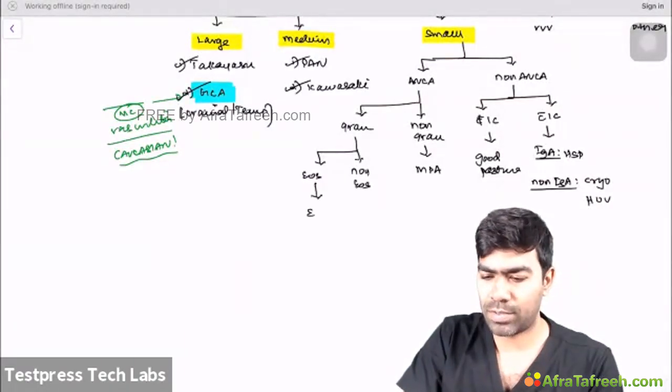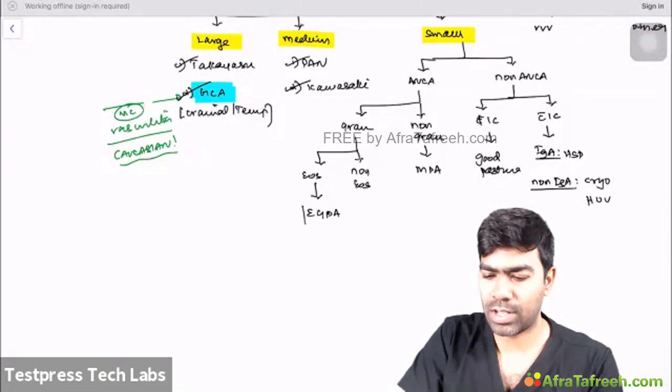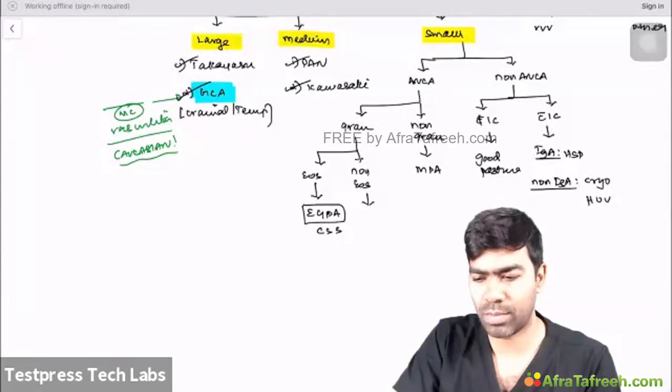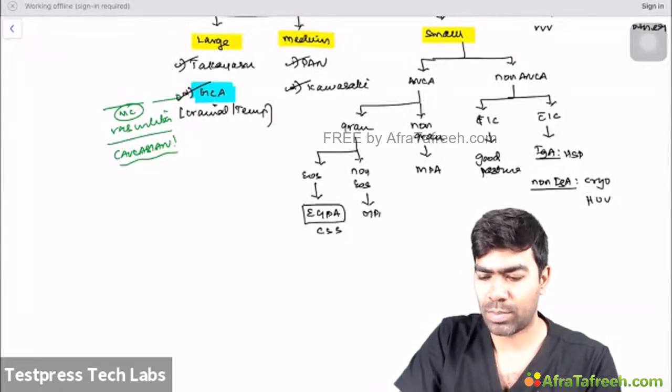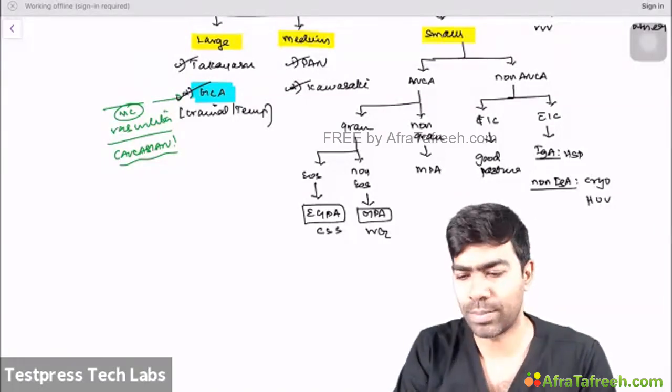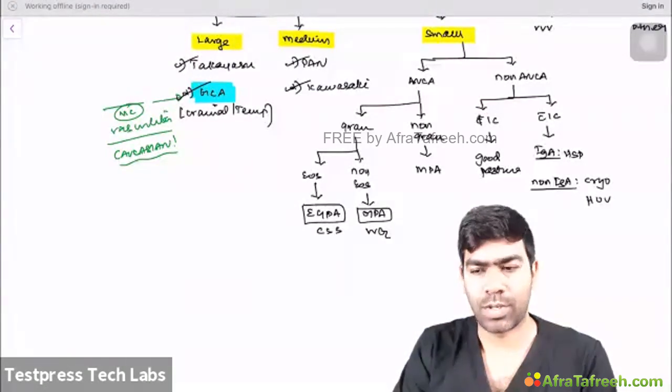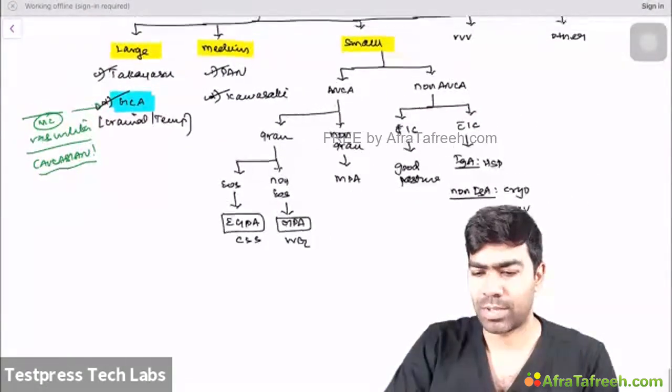Eosinophilic type is called EGPA, eosinophilic granulomatosis with polyangiitis, otherwise referred to as Churg-Strauss syndrome. Non-eosinophilic type is called granulomatosis with polyangiitis, otherwise referred to as Wegener's granulomatosis, WG. So small vessel vasculitis is a huge topic, with a lot of classification going on.